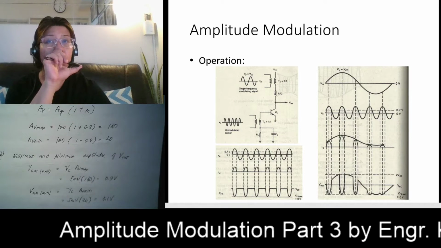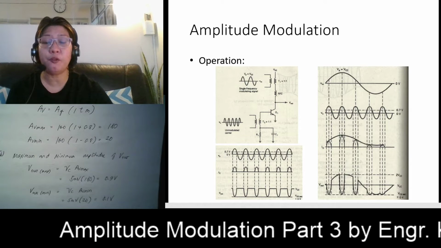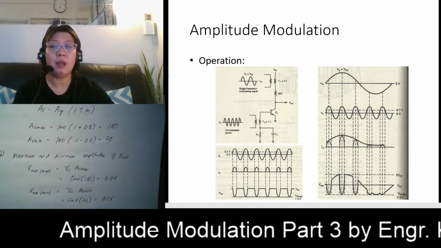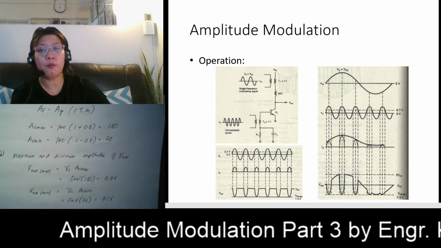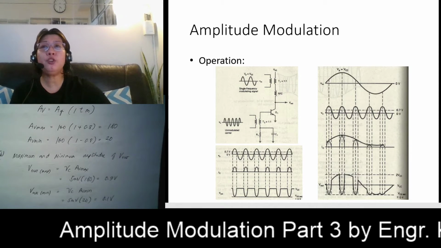As you can see from the figure, your output voltage looks like a repetitive half wave, like a half-wave rectified signal with frequency equivalent to the frequency of your carrier signal. When your modulating signal is applied to the collector, which is in series with your DC supply, it either adds to or subtracts from your VCC.